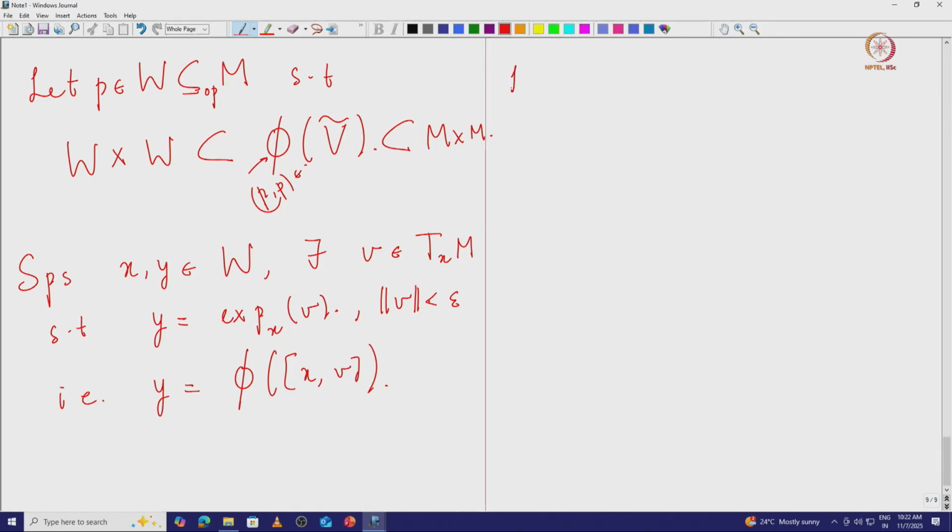Right, now just let this gamma be equal to exponential of tv.